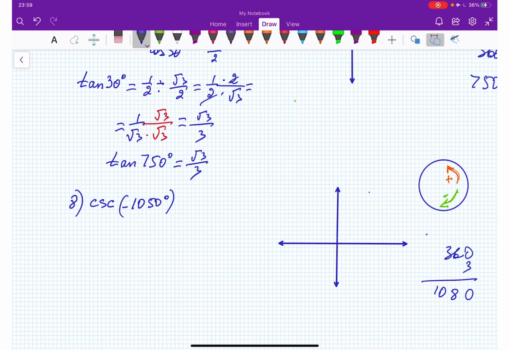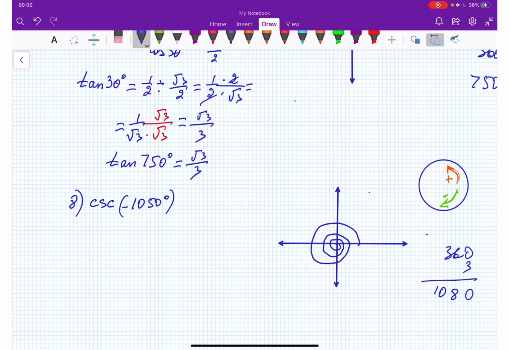Because I will get 1080 instead of 1050. All right, let's go. And I'm going clockwise because it's negative, remember? So here it is, 360, 720. Now this is going to be 1080, this position.